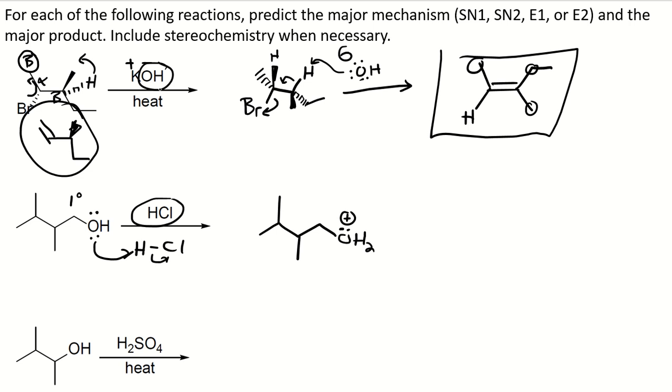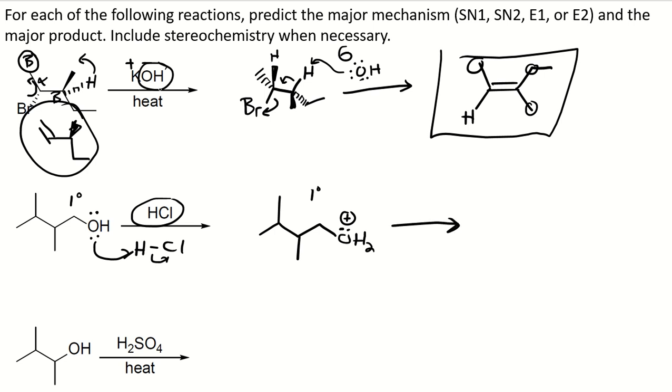Water is a decent leaving group, and if this was a secondary or tertiary alcohol that we protonate, we could potentially do an E1 or SN1 where the leaving group goes forming a carbocation. But because we have a primary position, we can only do SN1 or SN2 or E2.